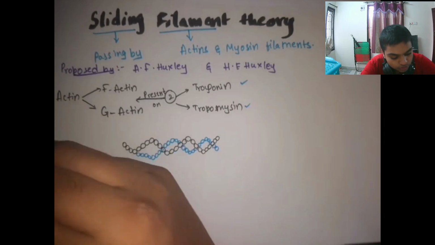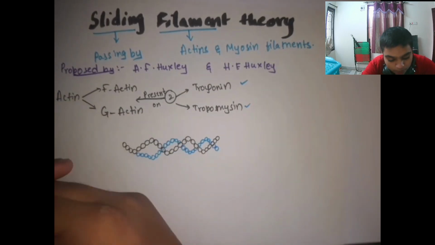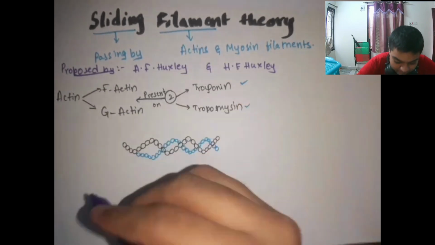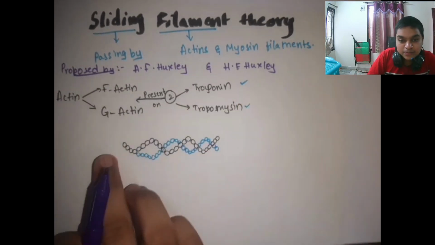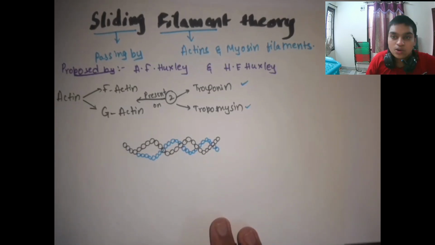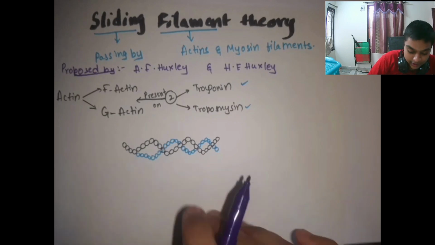Let me show you the presence of troponin and tropomyosin. First, tropomyosin. Tropomyosin is present along the length of these actin filaments. It is shown like this.